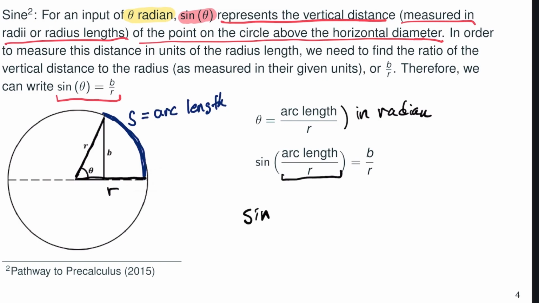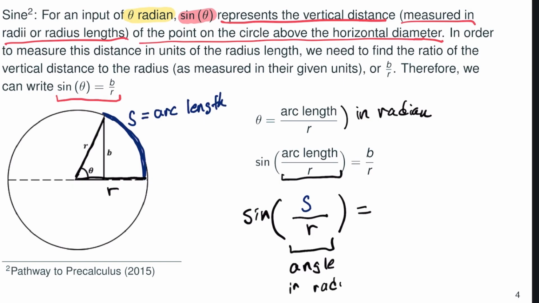Sine, let me write it here again. Maybe let's put it this way. Sine takes arc length divided by radius length, which is essentially a radian. So this is, let me write here, angle in radian. And the output is this vertical distance, b, measured in radius length over r.